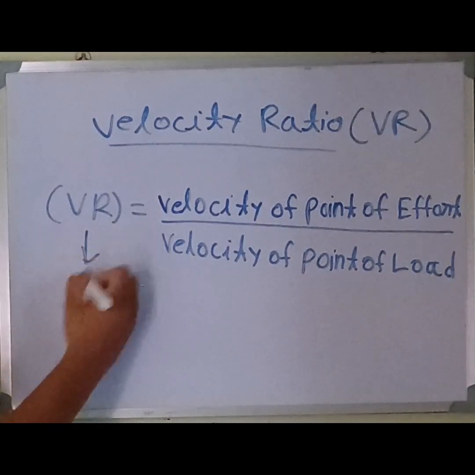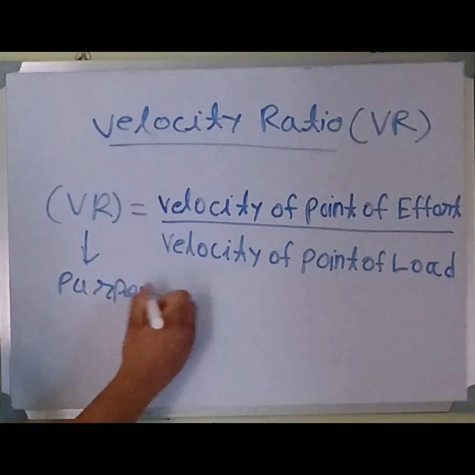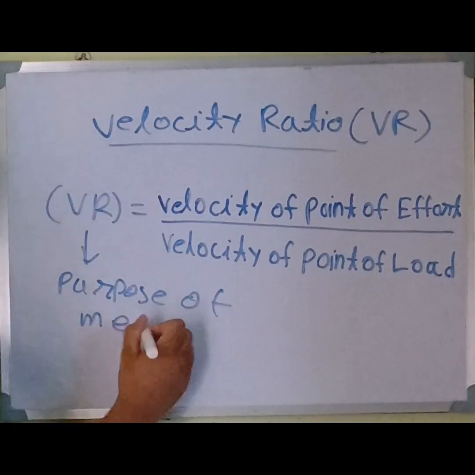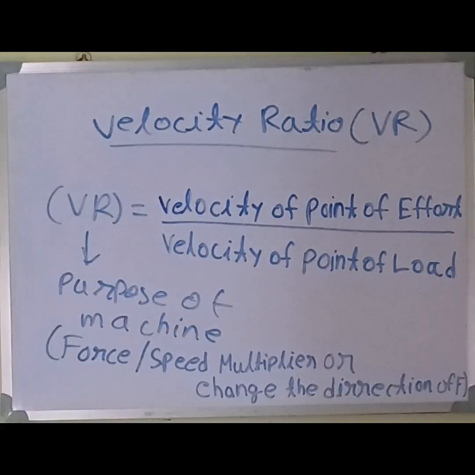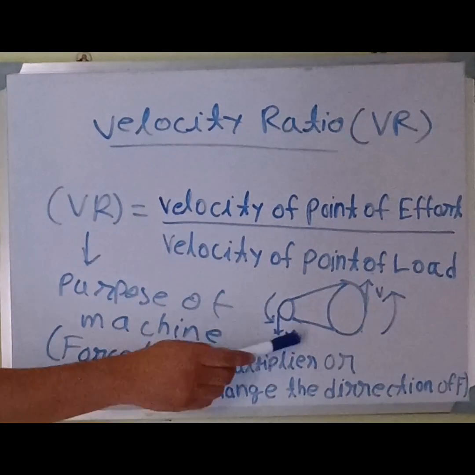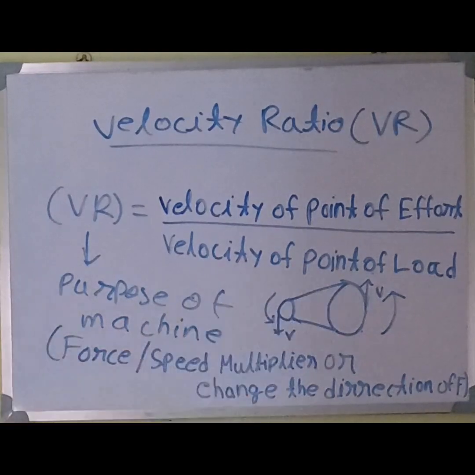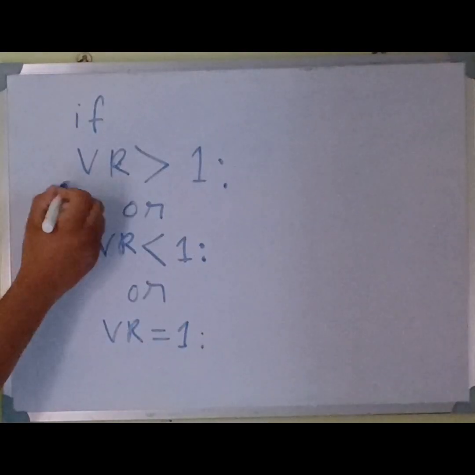Its value can be used to determine the purpose of the machine, whether it is a force multiplier, a speed multiplier, or just for changing the direction of force. There is also another quantity called mechanical advantage that can be used to determine the purpose of the machine. But as we have the quantity of velocity here, we can just use velocity ratio.